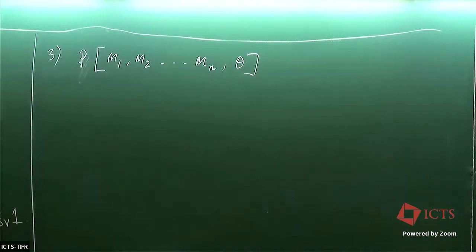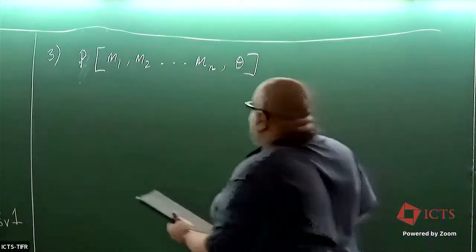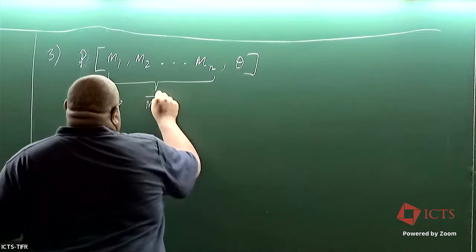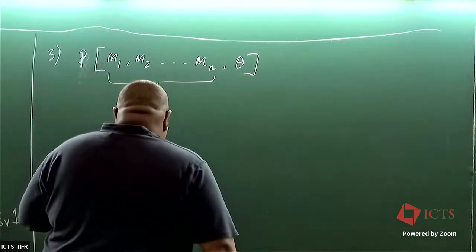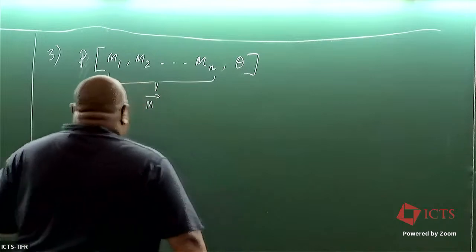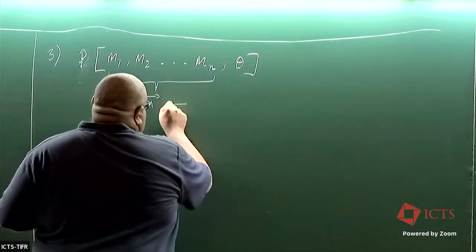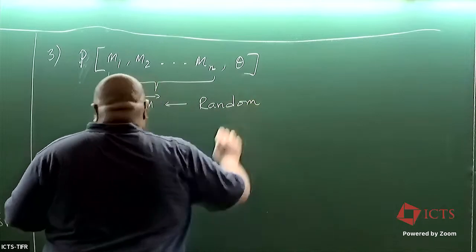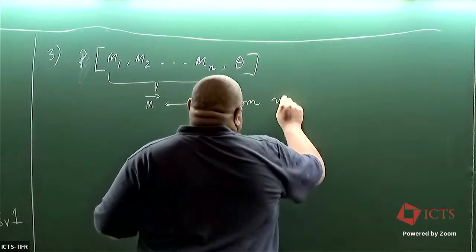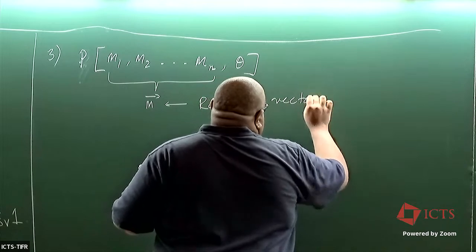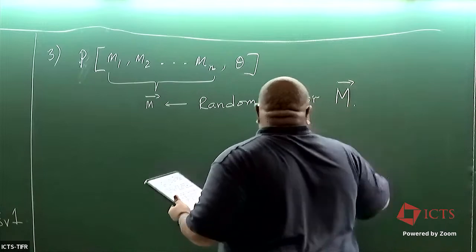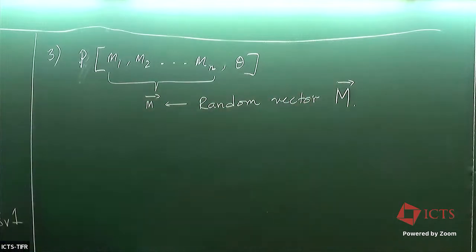Okay. And so this, for brevity, I'll just call the vector of measurements M, and M is a random vector, realized from the set of measurements, which I will refer to as capital M. And so why am I doing it like this?